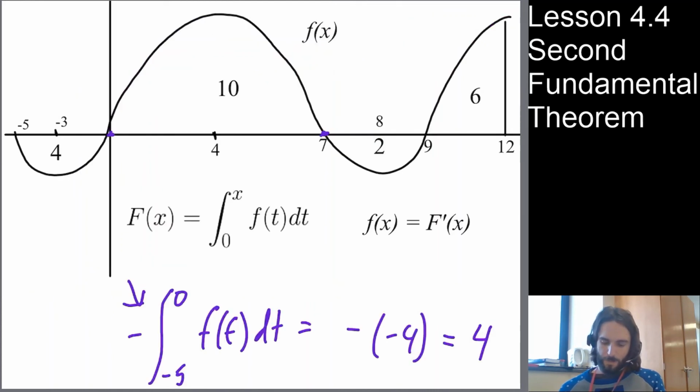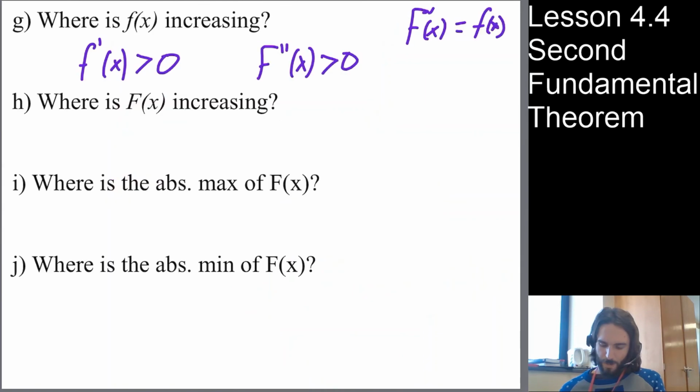However, we have the graph of little f, right? So we're just going to look for where the slope of little f is positive. And so that is from -3 to 4, and from 8 to 12. I don't think I'm going to have time to write all this down, so we'll have to do this verbally.